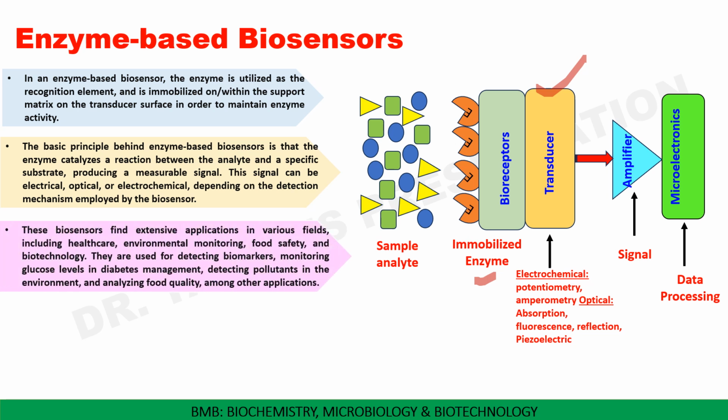These biosensors find extensive applications in various fields, including healthcare, environmental monitoring, food safety, and biotechnology. They are used for detecting biomarkers, monitoring glucose levels in diabetes management, detecting pollutants in the environment, and analyzing food quality, among other applications.